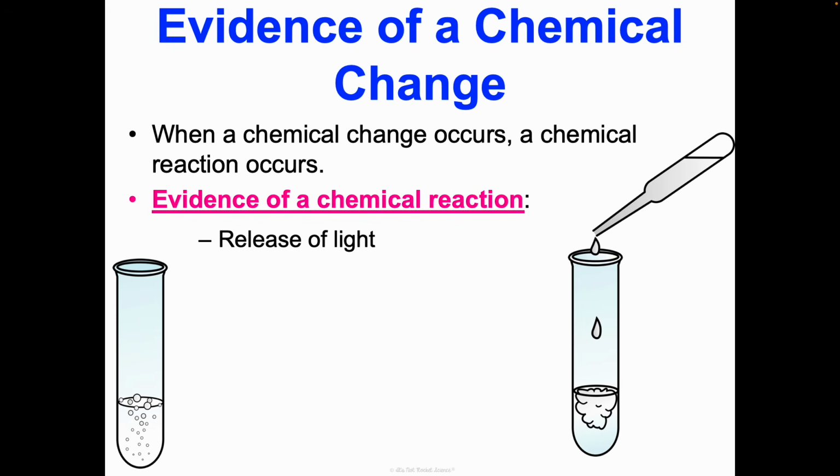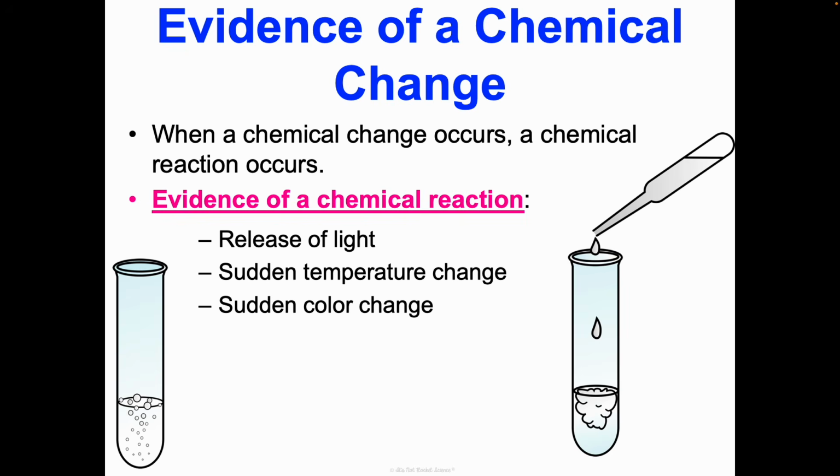So some signs you can look for is if you put two substances together and there's a flash of light, that's evidence of a chemical reaction. If there's a sudden temperature change, that is also evidence of a chemical reaction. If you see a color change or an odor change, also evidence of a chemical reaction typically. If you see a gas given off, this is called effervescence. If it starts effervescing, that's a good sign of a chemical reaction.